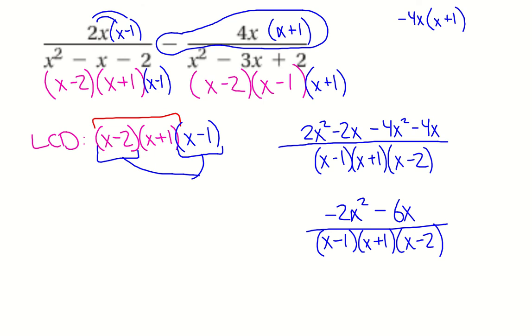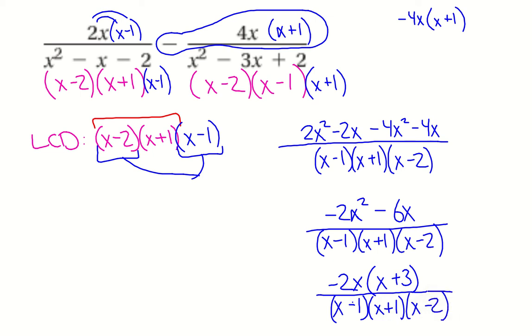And then again, if you're not sure, if you think that something may simplify and cross out and reduce, then you should refactor the top. So I can see that the top has a greatest common factor of negative 2x. And if I take that out, I would be left with x plus 3 on top over x minus 1 times x plus 1 times x minus 2.